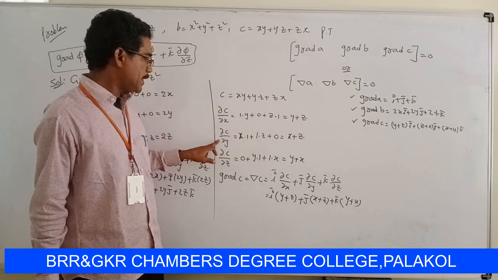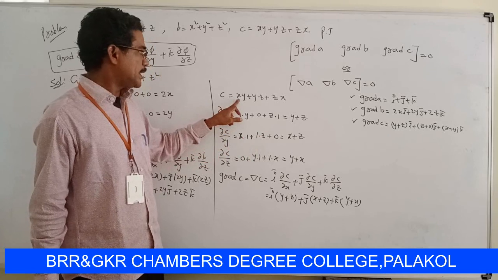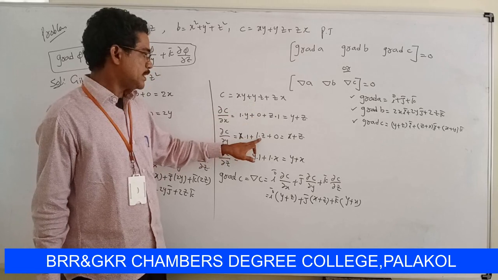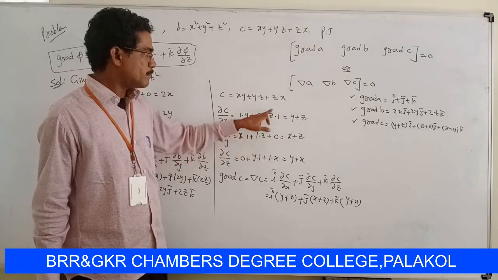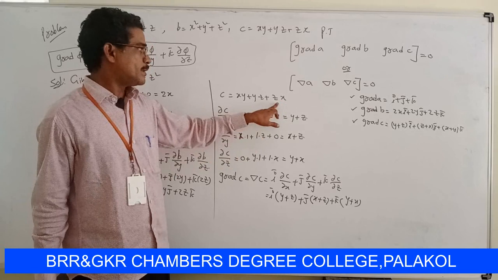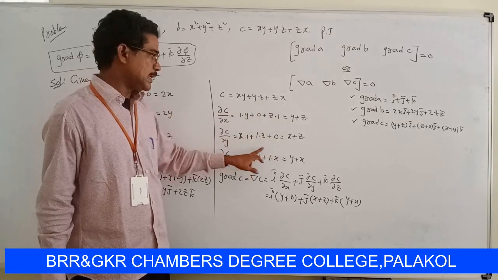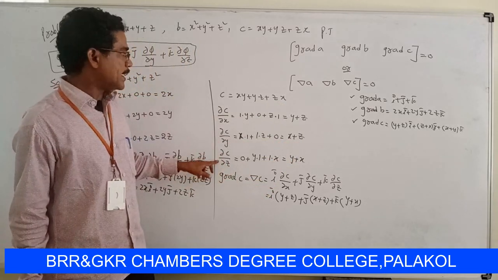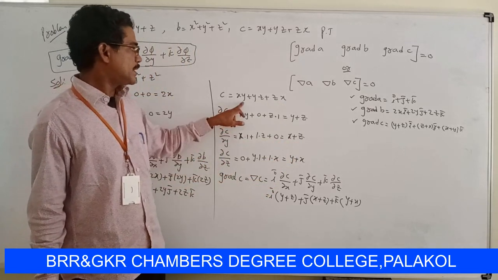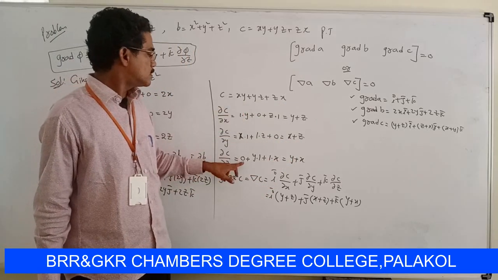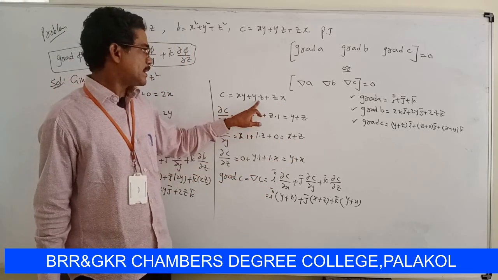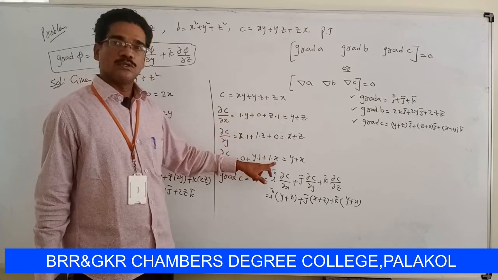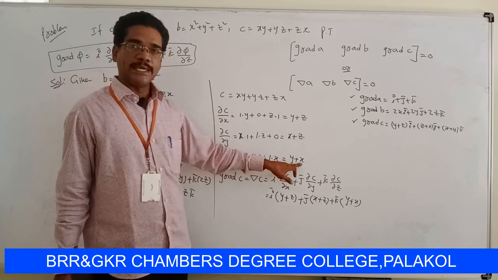Next, ∂c/∂y: xy gives x into 1, plus yz gives 1 into z, plus zx is constant, so finally x plus z. Now ∂c/∂z: xy has no z so it is 0, plus yz gives y into 1, and zx gives 1 into x, so finally y plus x.